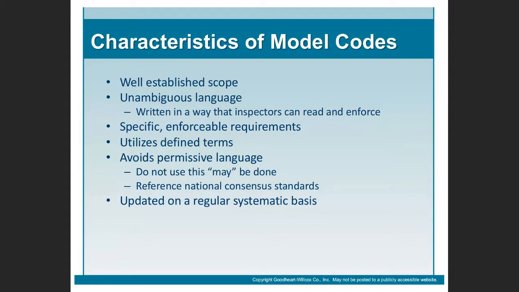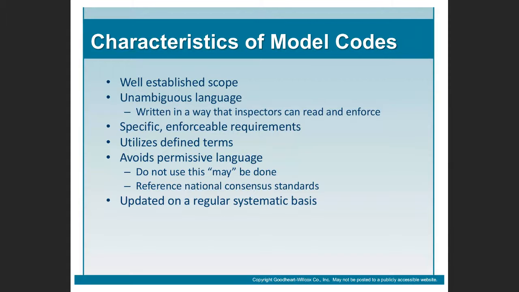In the code language, people try to use unambiguous language that's specific and enforceable, and not use 'may' but use 'shall.' And those model codes are updated on a regular basis.